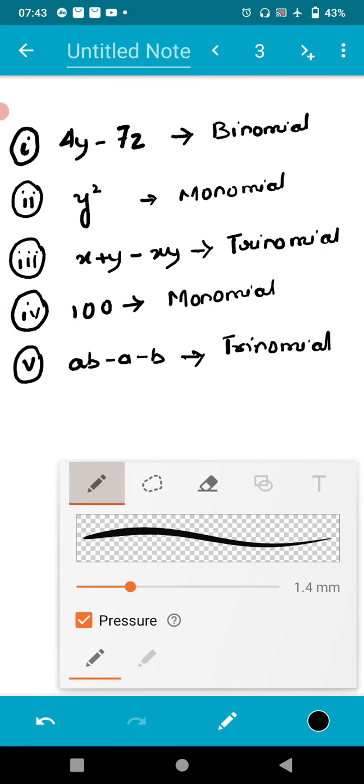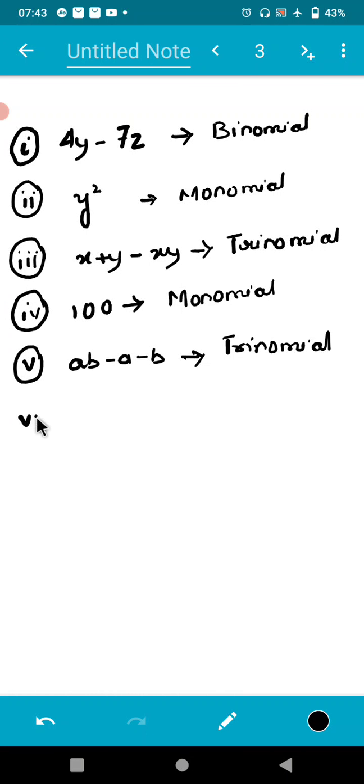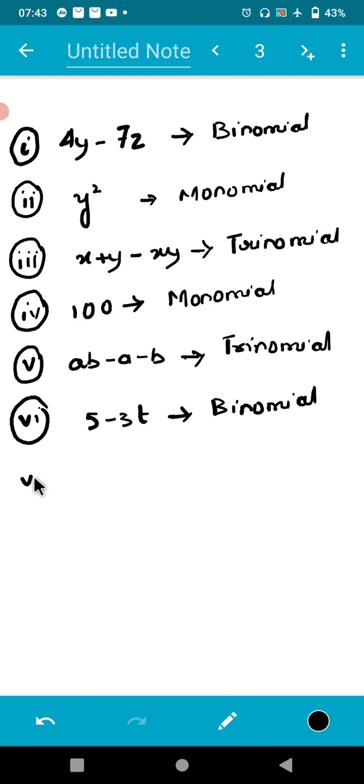Okay, so let's do the next sum, sum number 6. We have 5 minus 3t. That means two terms are given and both have different algebraic factors. The first has no algebraic factor, and the second term has t as an algebraic factor. So these are unlike terms. So we'll write binomial. Now sum number 7.